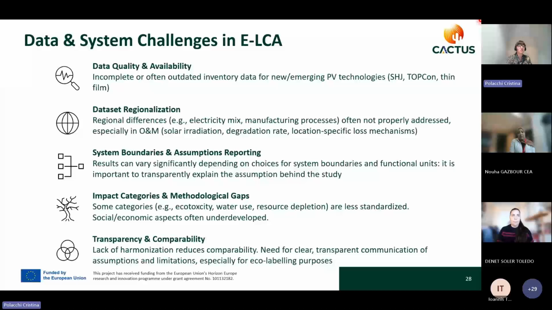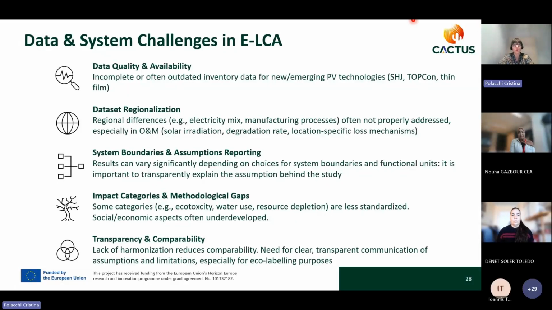So we need improvement in that, as well as in the social and economic aspects. In general, some methodologies are more standardized and harmonized than others. So it's really important, especially when these tools are used for eco-labelings, to transparently communicate the assumptions of the analysis and to provide guidelines to harmonize this analysis.